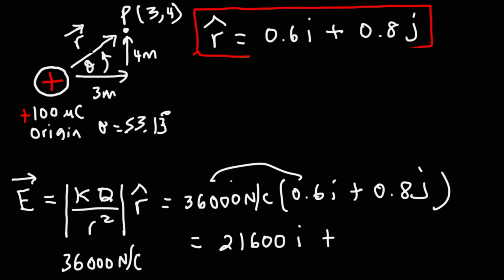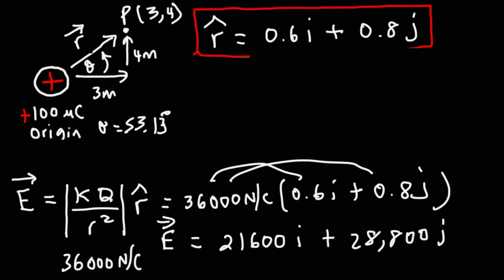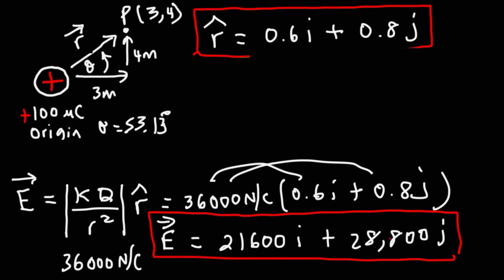And 36,000 times 0.8 will give us 28,800. So notice that we have the electric field vector in terms of i and j. So that's how we could use this formula to get the electric field vector.